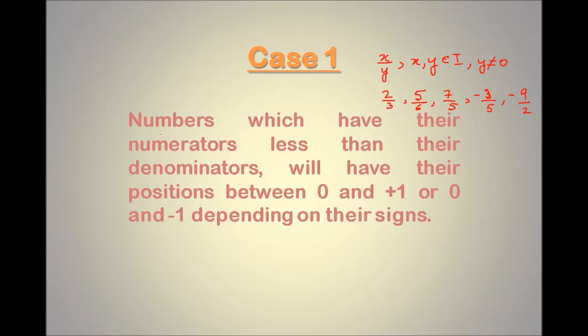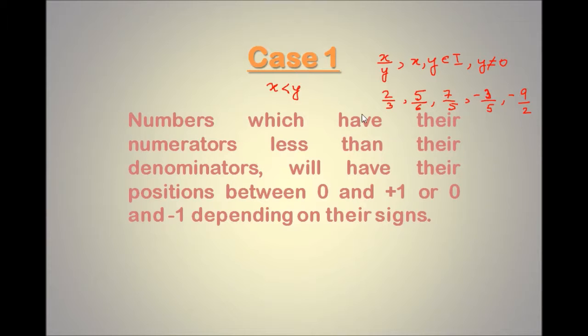Numbers of this type, 2 by 3 or 5 by 6 or minus 3 by 5, all have their numerators lesser than the denominators. So case 1 will be dealing with rational numbers where x is less than y, that is, numbers which have their numerators less than their denominators.